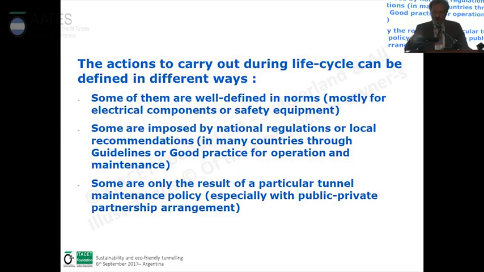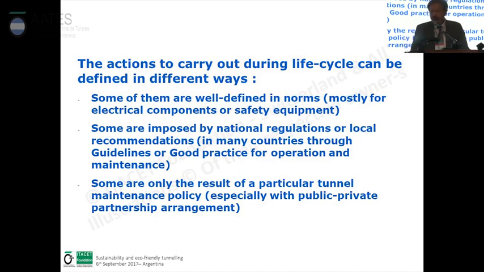To go further in all the actions that will be necessary to carry out during the life cycle, there are different ways. First, we know that there are actions that are defined in norms or standards. Mostly, if you use electronic components or safety equipment, there are regular controls imposed by regulation, so you can know exactly what you have to do.